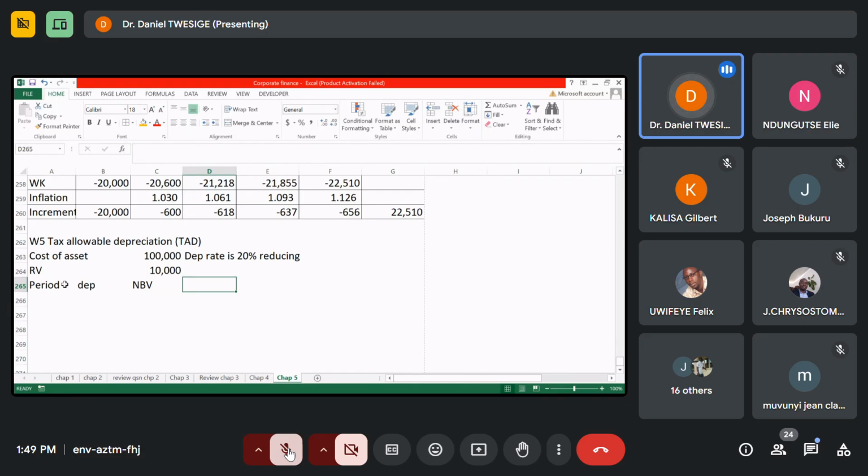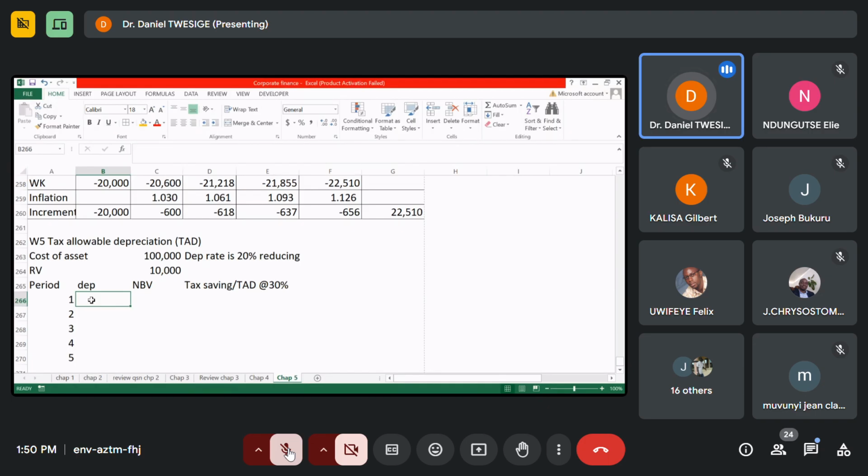And this is our tax saving, or what we call the tax allowable depreciation, but at 30%. So I have year 1, year 2, year 3, year 4, and year 5.